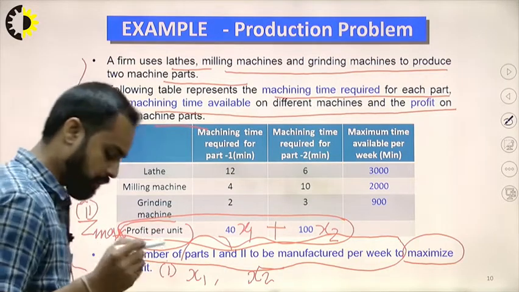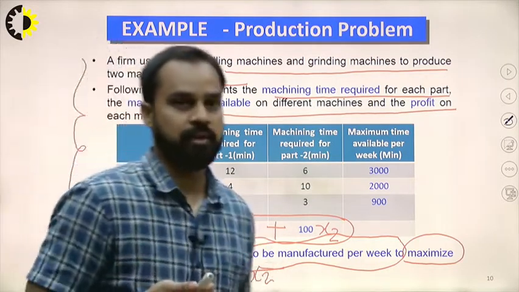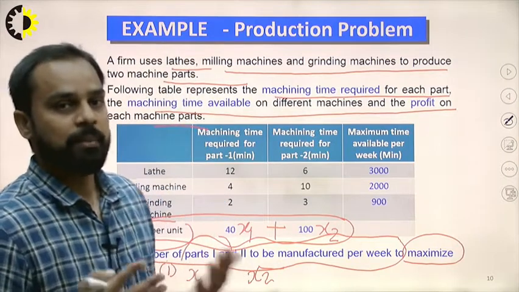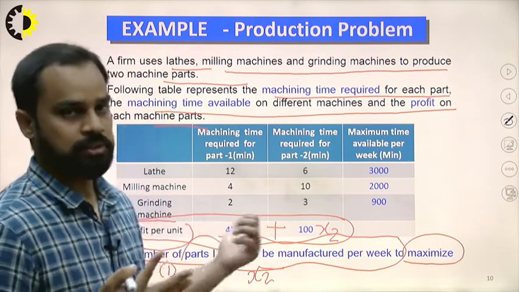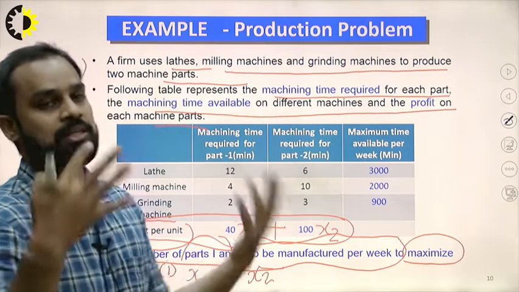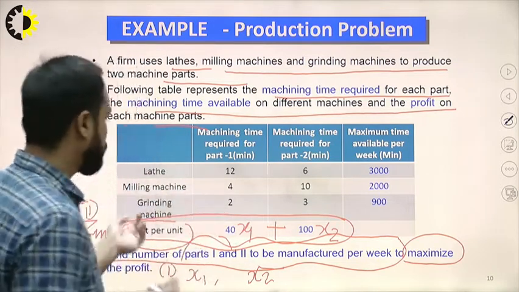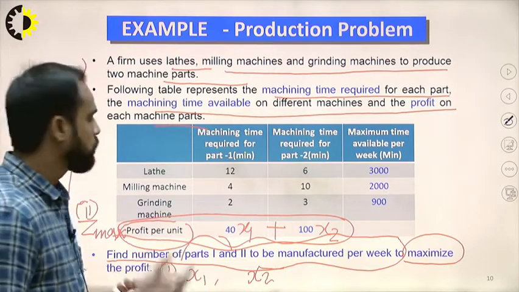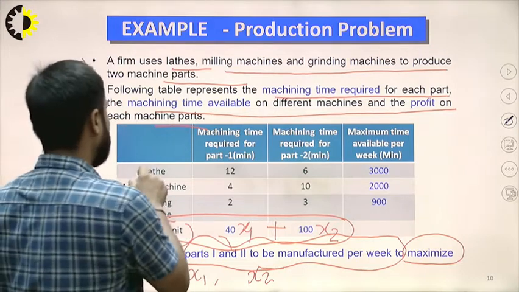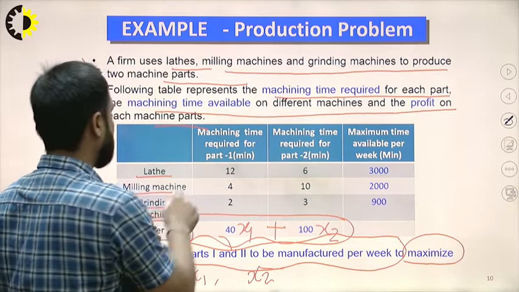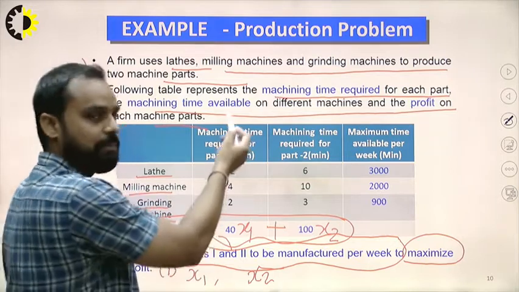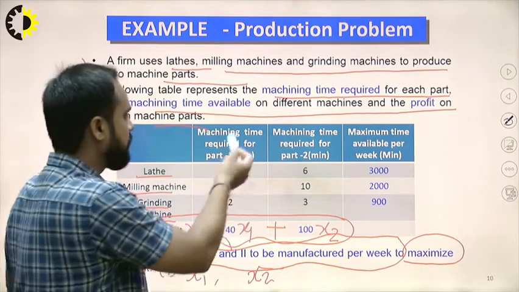Now the third requirement is the constraint. Constraint means the restriction to produce this much profit. What are the restrictions in this organization to produce this much profit? The restriction is given by the lathe machine, milling machine and grinding machine. There are 3 different machines, and the machining time is given for each.